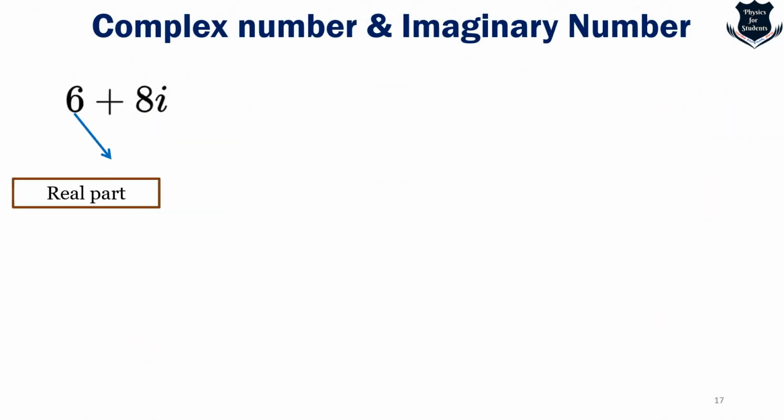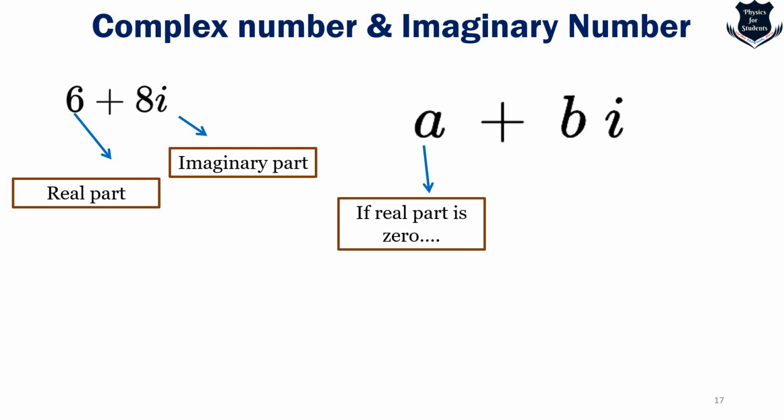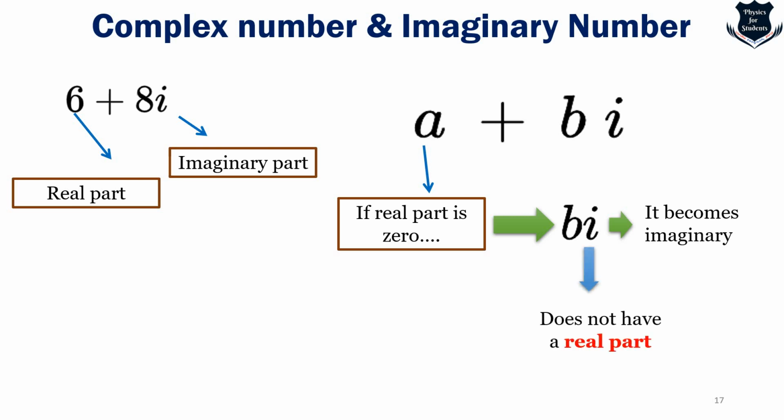So 6 plus 8i: this is the real part, this is the imaginary part, and it has an addition sign, the plus. If I write it as a plus bi, note that if the real part goes to 0, then it becomes bi, which is imaginary and doesn't have a real part. So if we equate the real part to 0, the entire expression becomes imaginary.